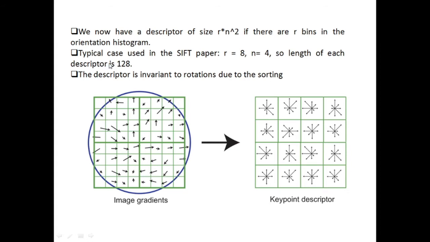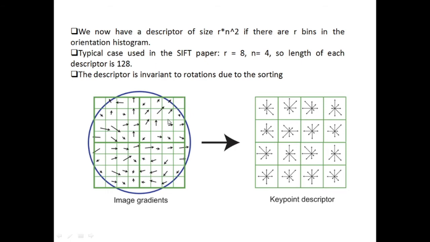So n equal to 4 means 8 into 4 square, that is 16 into 8, 128. Why n equal to 4? I have 8 bins, that means 8 directions, for how many cells? 1, 2, 3 and 4. For 4 cells I have considered.